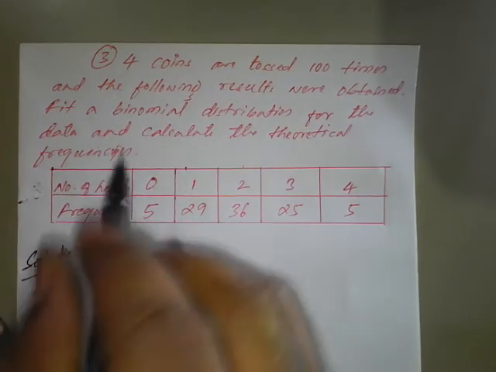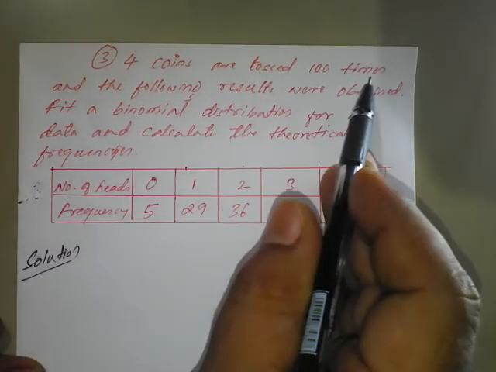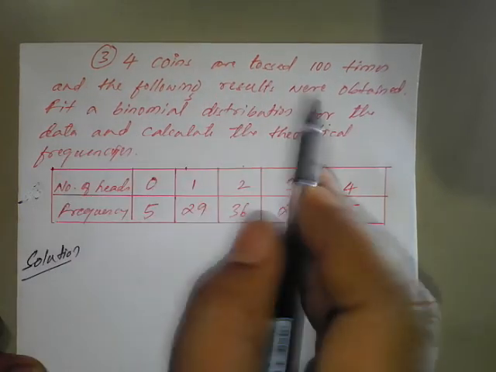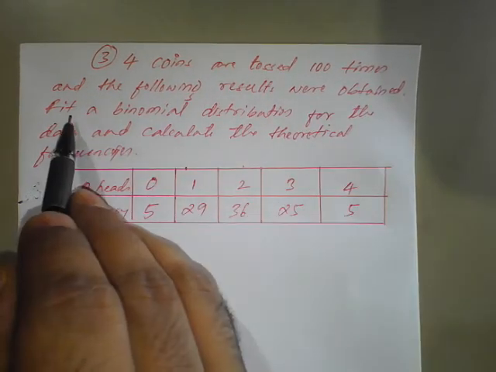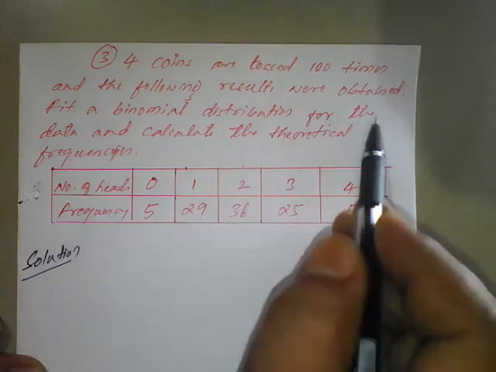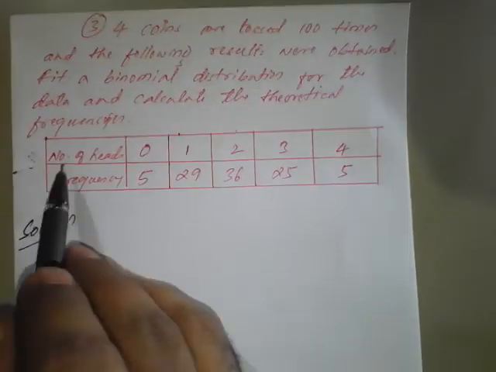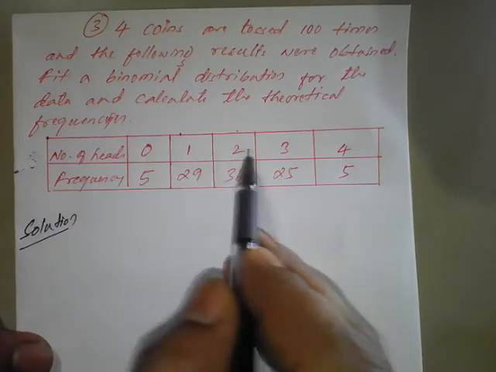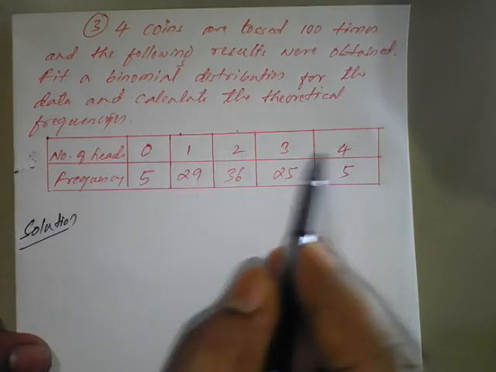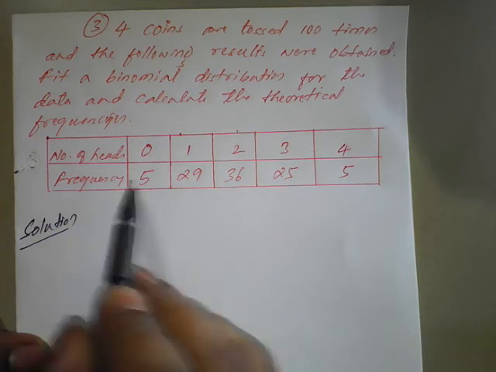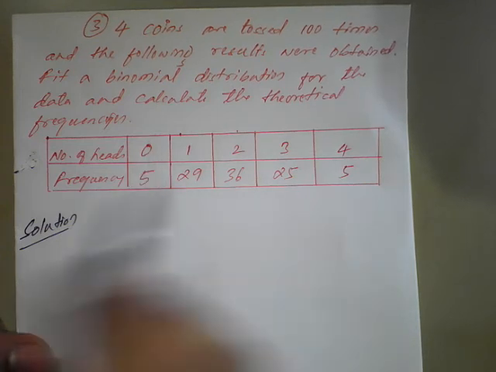Next question is, 4 coins are tossed 100 times and the following results were obtained. Fit a binomial distribution for the data and calculate the theoretical frequencies. The number of heads is 0, 1, 2, 3, 4, and the frequencies are given respectively.